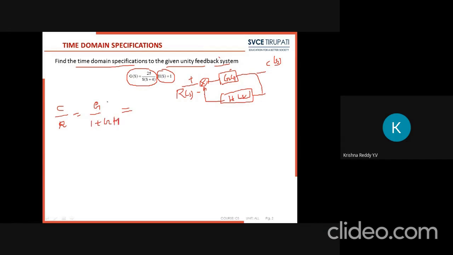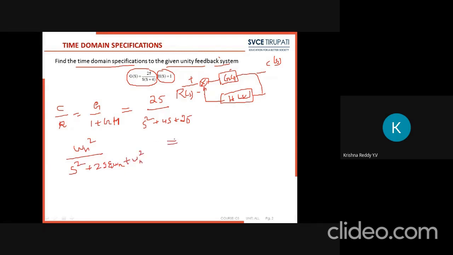When substituting those values, we are getting 25 divided by S square plus 4S plus 25. It is compared with the second order system, omega n square divided by S square plus 2 zeta omega n S plus omega n square.